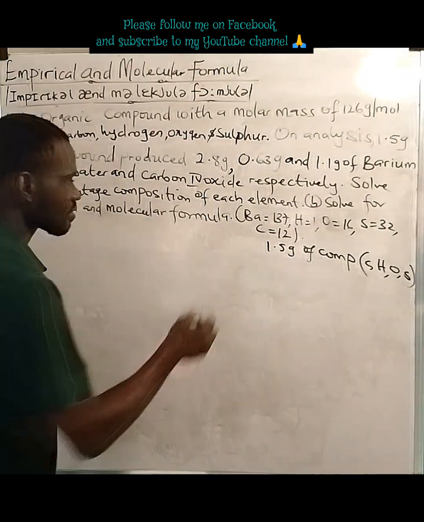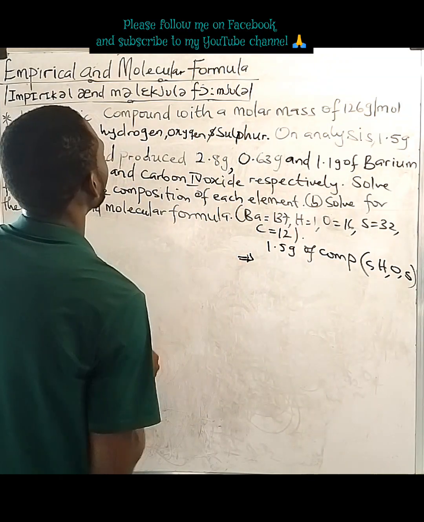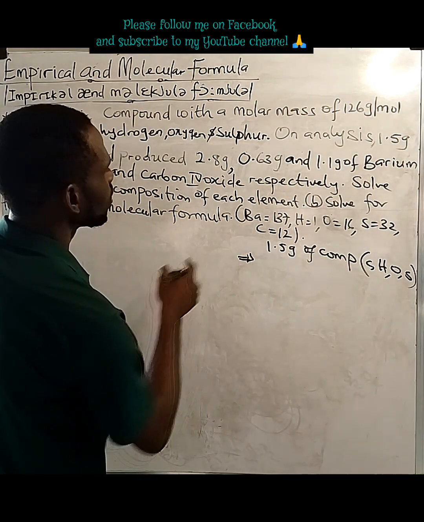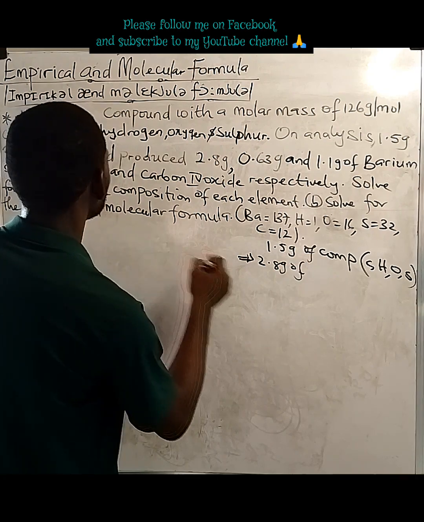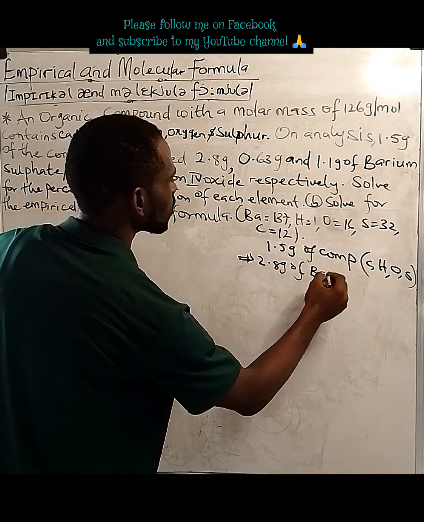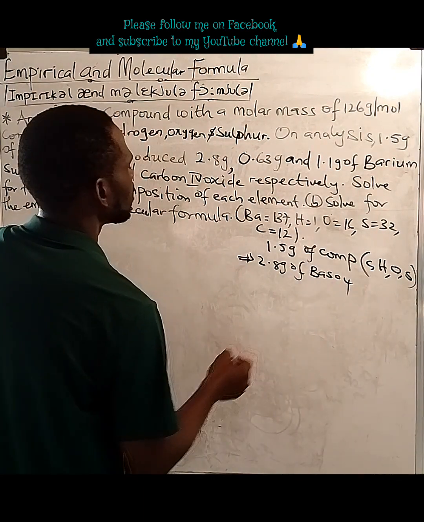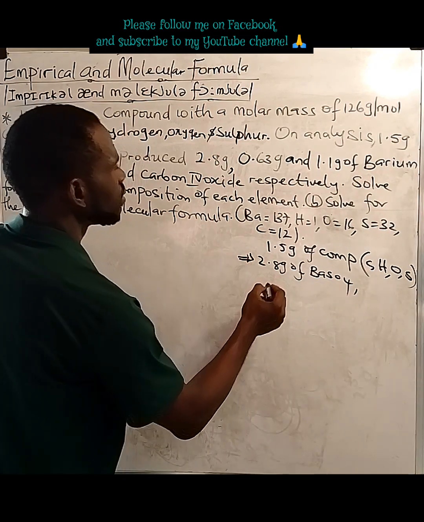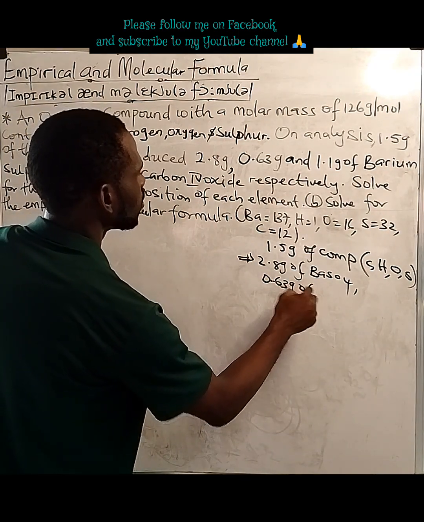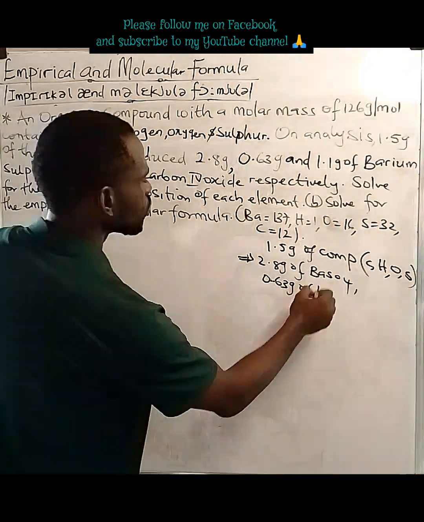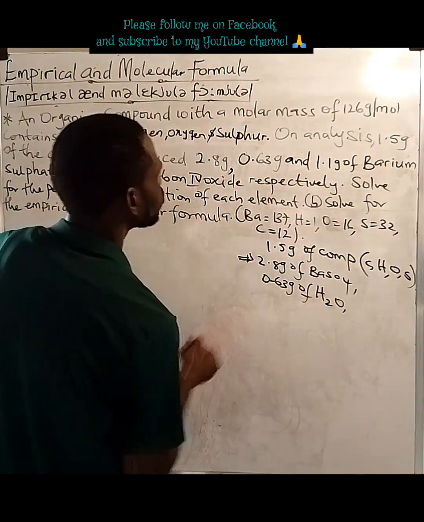So on analysis, what did we get? We got 2.8 gram of barium sulfate, BaSO4. And after that, we got 0.63 gram of water, H2O.